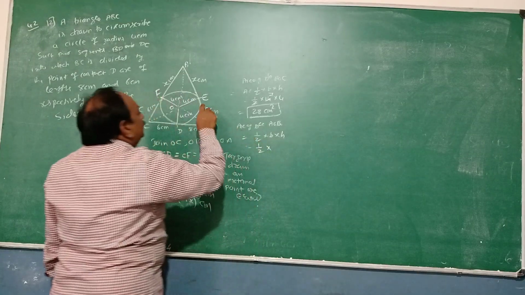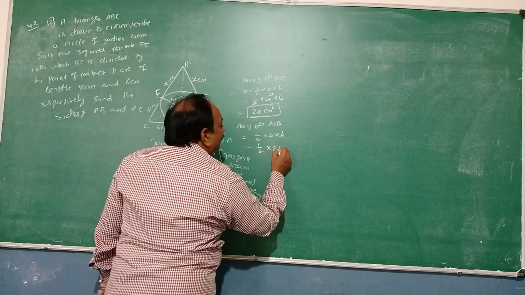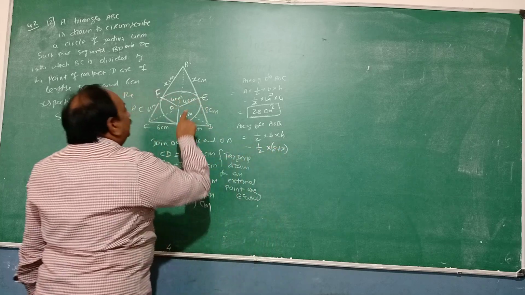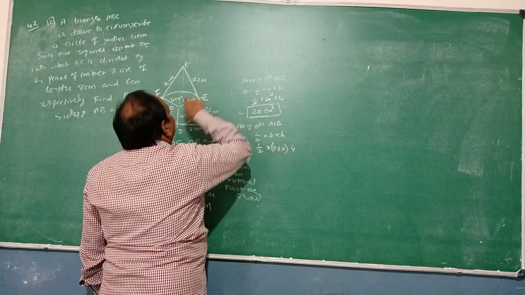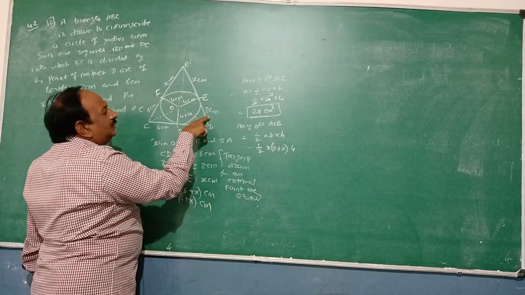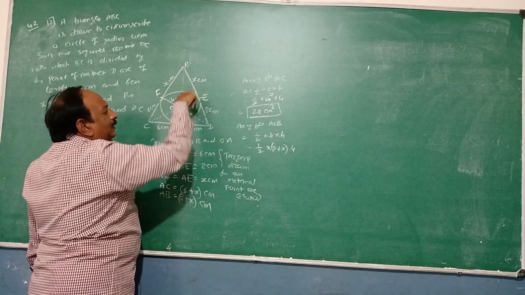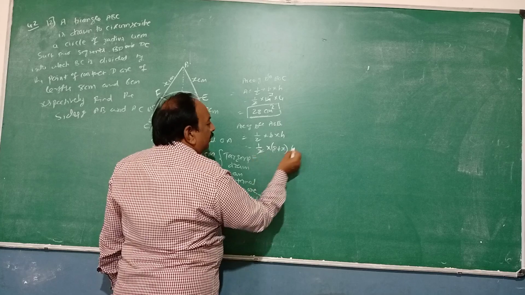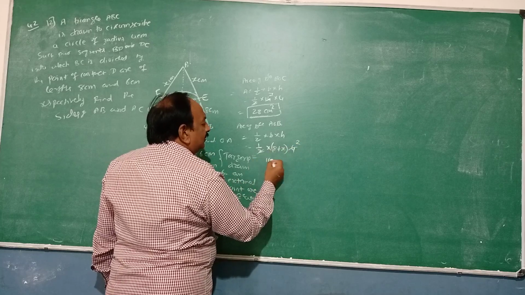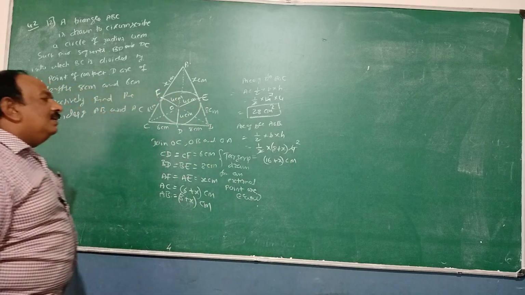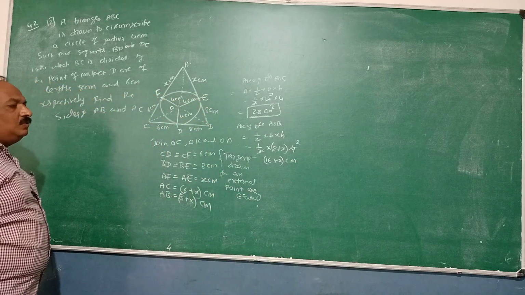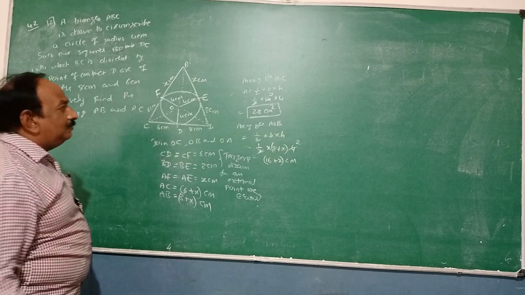Base is 8 plus x, height is 4. 2 ones are 2, 2 twos are 4, 8 twos are 16 plus 2x centimeter. The area of triangle AOB is equal to 16 plus 2x centimeter square.